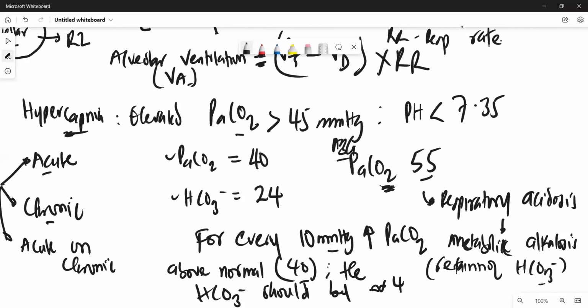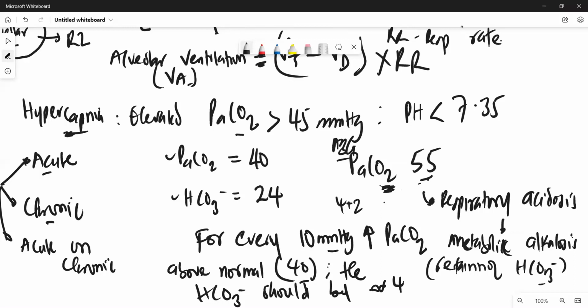So when we look at this patient, the PaCO2 is 55. So what's the expected bicarb I'm looking for in this patient? From 40 to 50, that would be 4, and then from 50 to 55, maybe an additional 2.